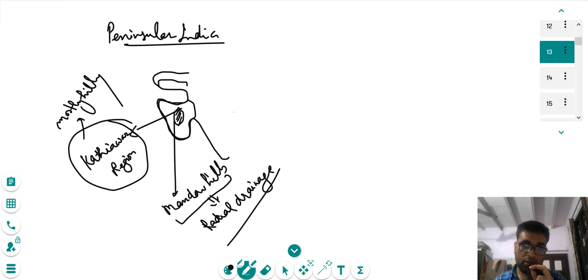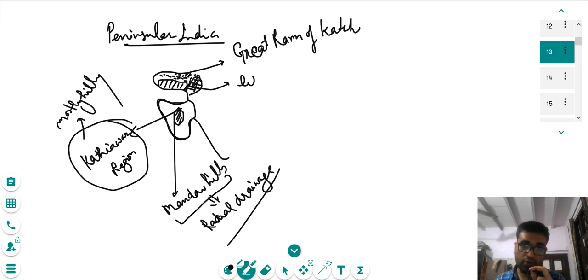This is the Kutch here, and this is the Great Rann of Kutch, and here you have the Little Rann of Kutch.